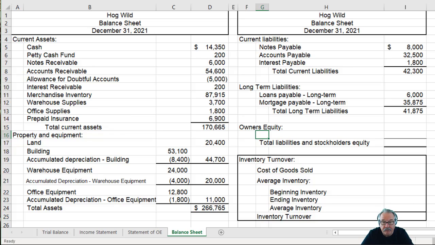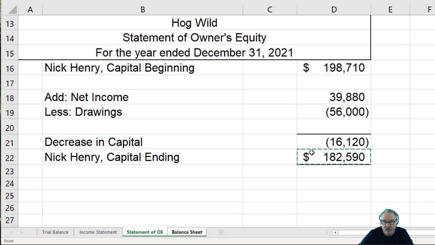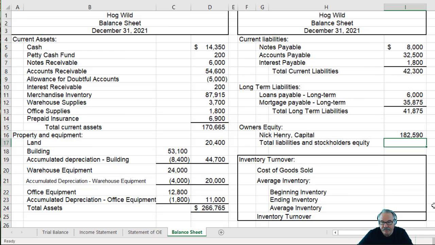Then to complete the balance sheet, we're going to take Nick Henry, capital, and that's coming right from the statement of owner's equity that we prepared, which is $182,590.